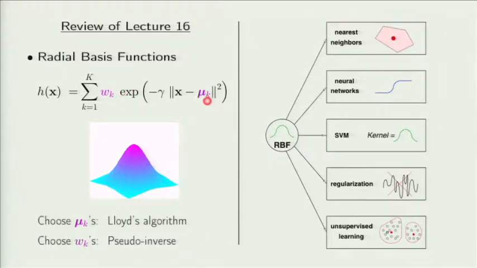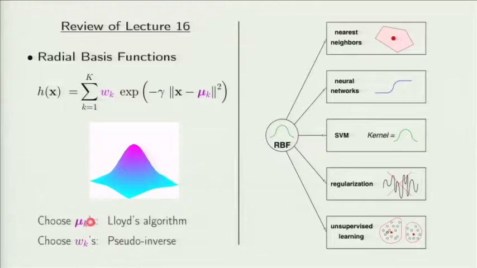One of them where the centers are fewer than the number of data points, which is the most common one, in which case we need to come up with the value of the centers, mu k, and learn the values of wk. And it turned out to be a very simple algorithm in that case, where you use unsupervised learning to get the mu k as the center by clustering the input points without reference to the label that they have.